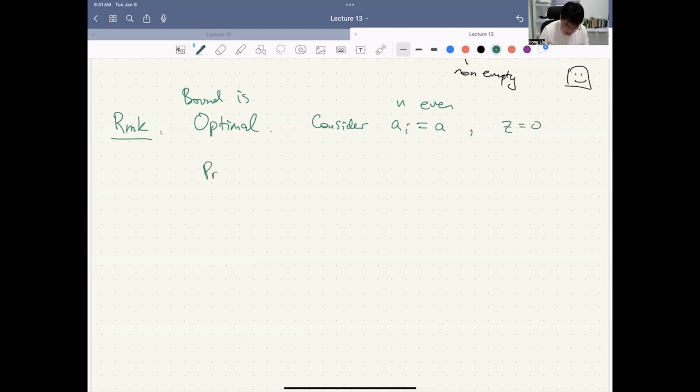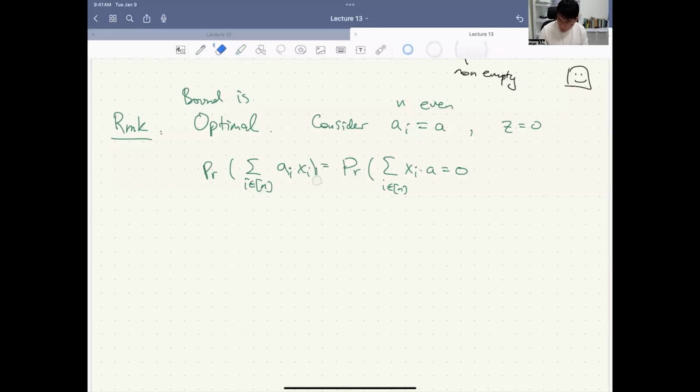So the probability that the sum over i of ai xi, because we take all ai to be the same a, is just the sum of xi times a equal to 0. And a is fixed, so you can cancel a from both sides.